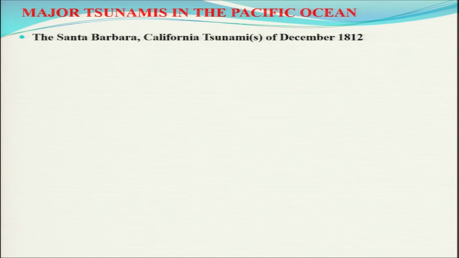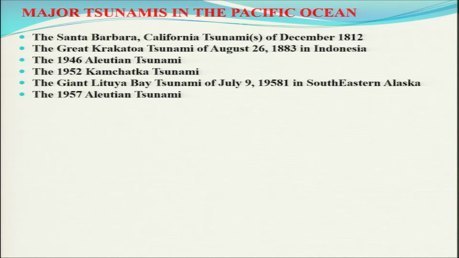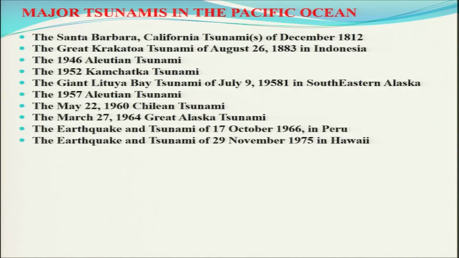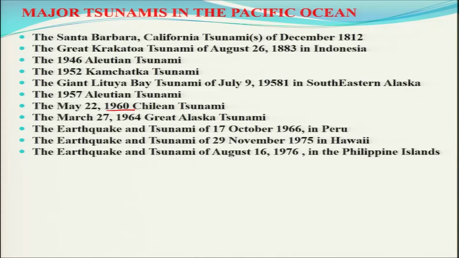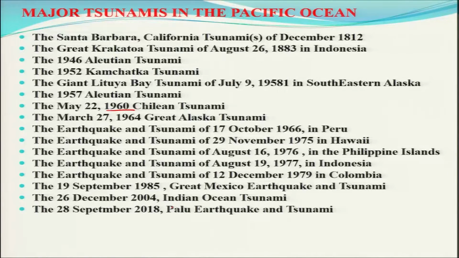So few major tsunami events in the Pacific. We have listed here, you can just go through it. So this was the major tsunami. Whereas these are in the Indian Ocean, 2004, and then again 2018.